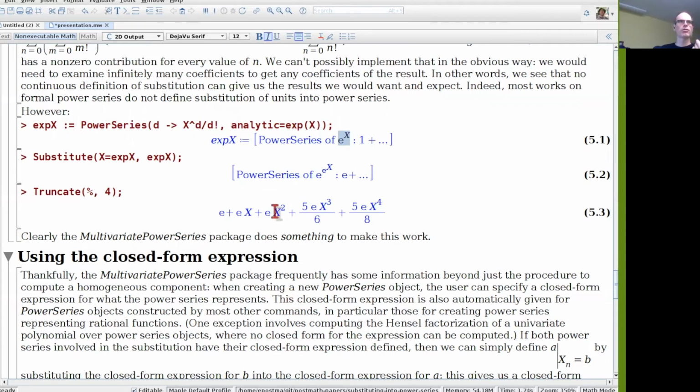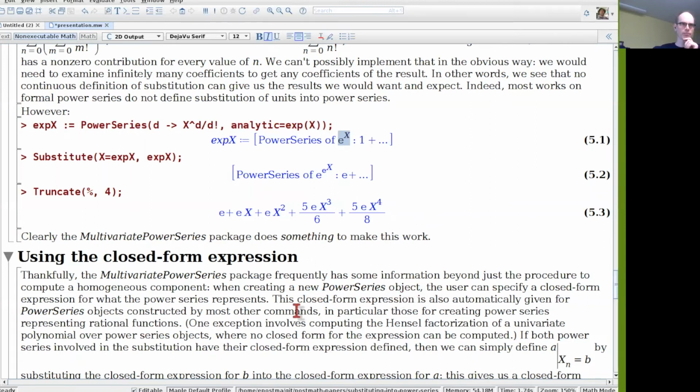If you create your power series objects by specifying the procedure, then the only way that Maple can get that information is if you specify it. But many power series just come from rational functions or from algebraic combinations of things, and then Maple, of course, maintains that information itself.